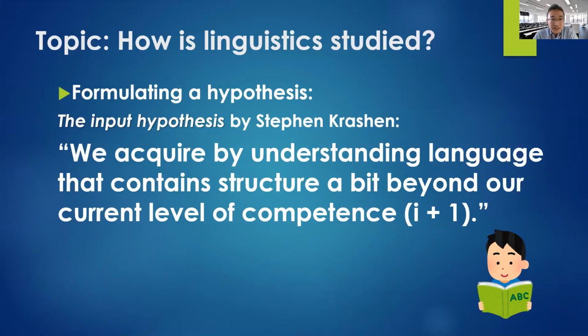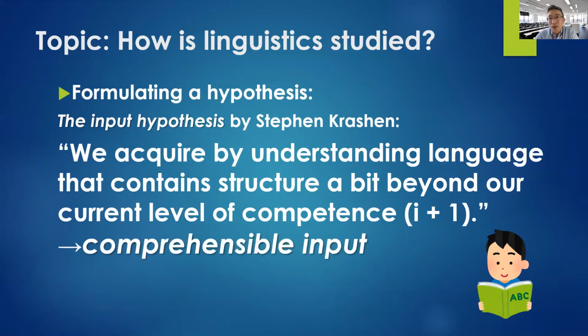Stephen Krashen stated in this way: we acquire the second language by understanding language that contains structure a bit beyond our current level of competence, and it is called i+1. And also Krashen stated this in this way: comprehensible input.